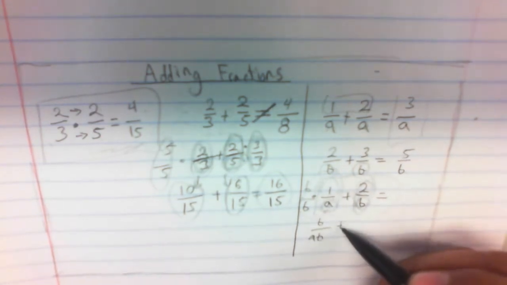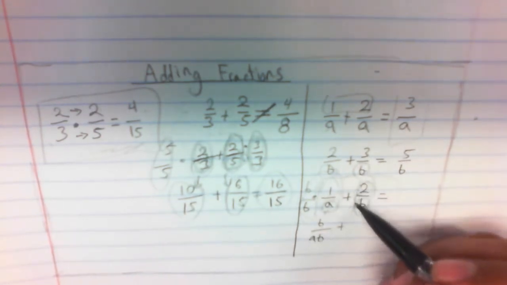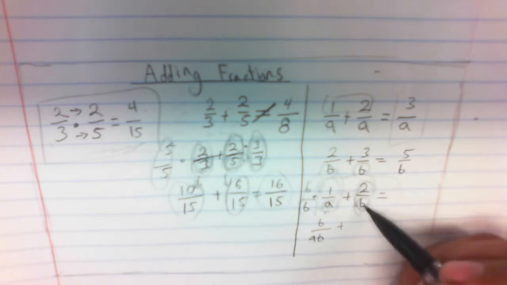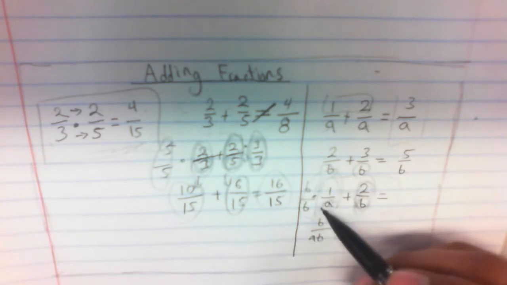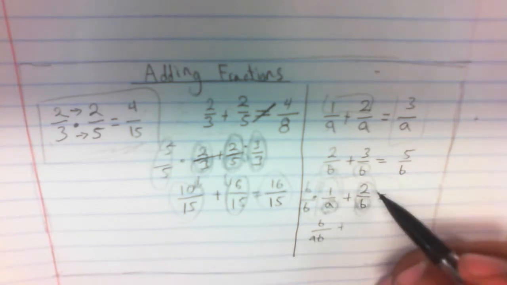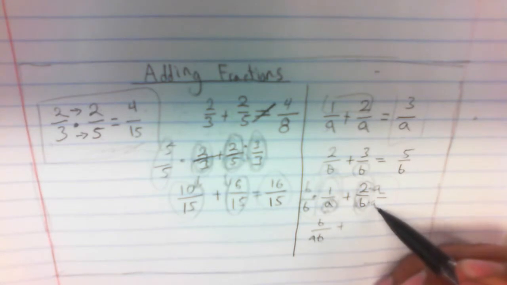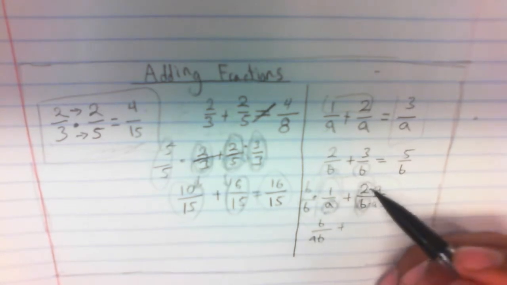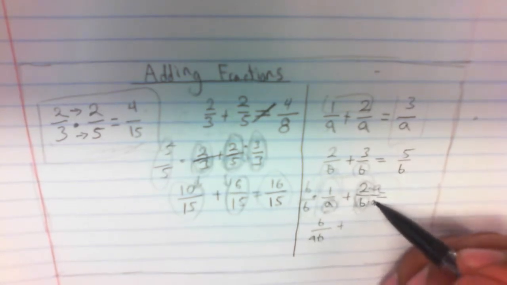So now we're going to be adding this to the fraction of 2 over b, but b doesn't have a denominator of ab, which is why we get this denominator and we multiply it to the numerator and to the denominator. So we're going to multiply this fraction by a over a.